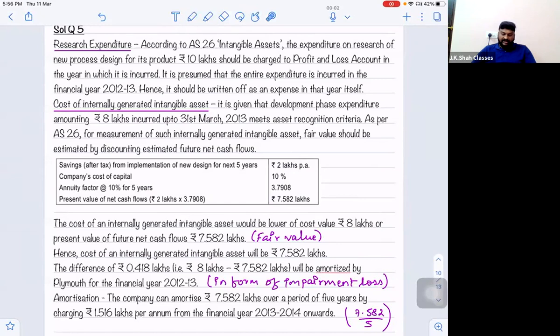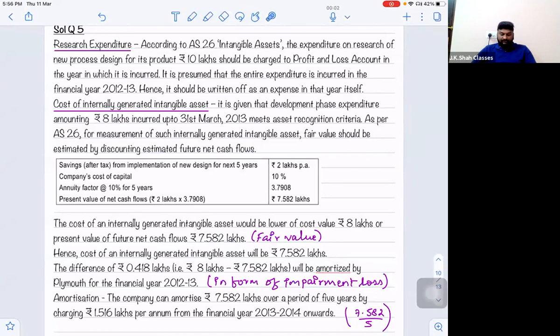The cost of the internally generated intangible asset would be the lower of cost value 8 lakh or the present value of future net cash flows, which can also be called fair value, 7,58,200. Technically this is lower, so we have to record it at 7,58,200. Hence, the cost of the internally generated intangible asset will be 7,58,200.